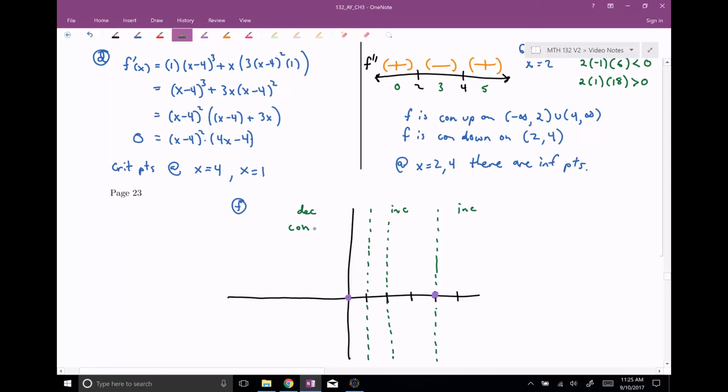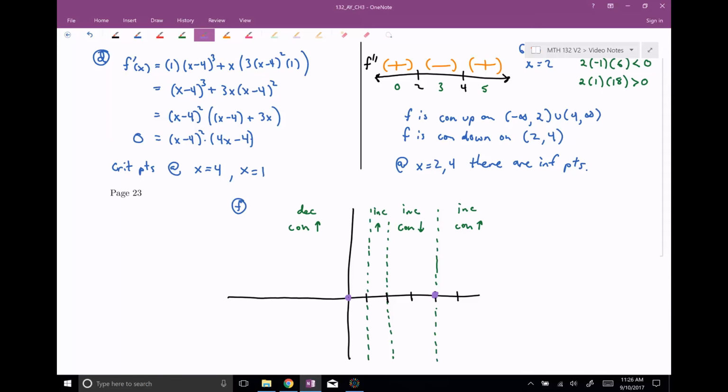So this is concave up, and also right here is concave up. Then between 2 and 4, you're concave down. And after 4, you're concave up. Remember that we have increasing on this entire bit from 1 to 4, so I can specify that it's increasing on this one and increasing here.